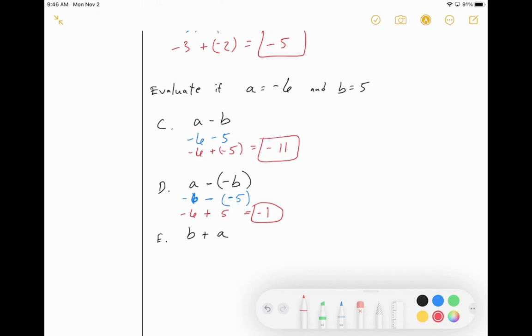I know that's a little bit tricky. But again, if you kind of think of it as what's inside the box, what's inside those parentheses, that might help you out a little bit.